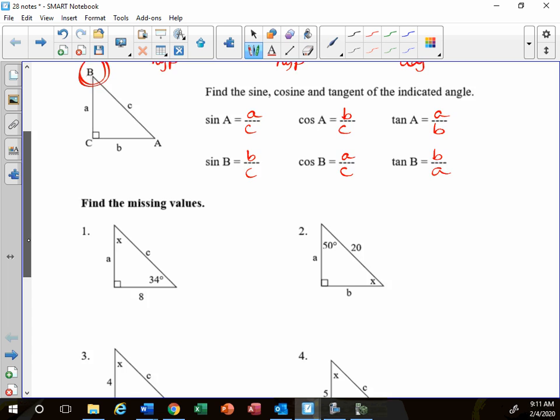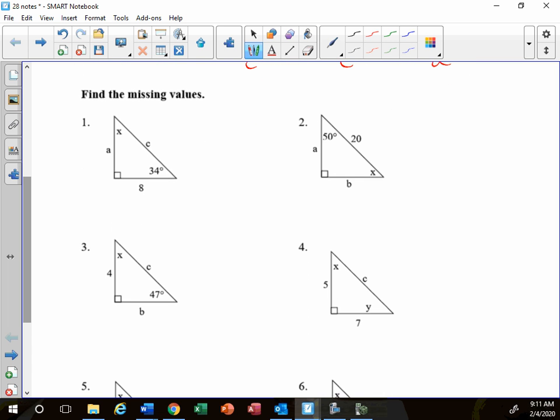So let's look at number 1. In this, we need to find x, which is an angle, and then side A and side C. Okay, x should be easy. Is x easy? What is x equal? 56. How do we know that?